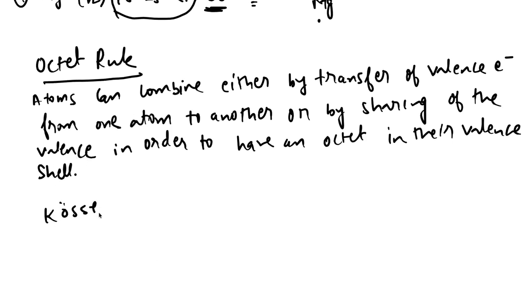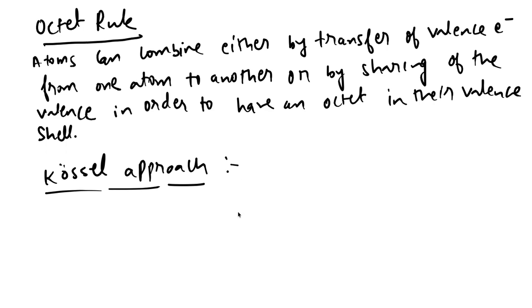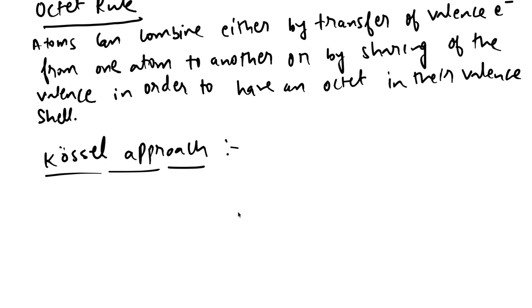What was his contribution? Kössel also talked about more or less the same thing. The idea was the same as that of Lewis. He just made it more clear with the help of words and examples. What does it say? I'm not going to write the entire postulates. You can read them later on.